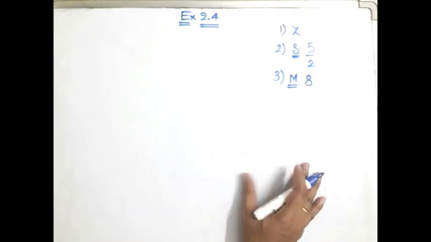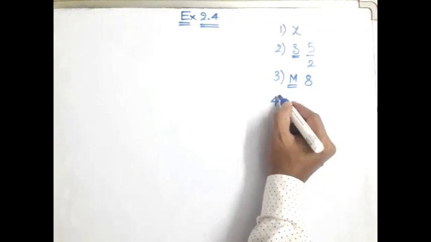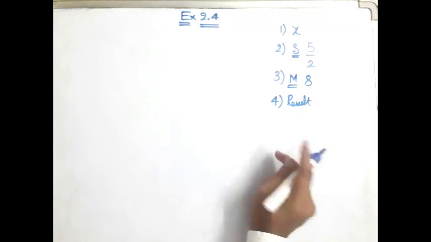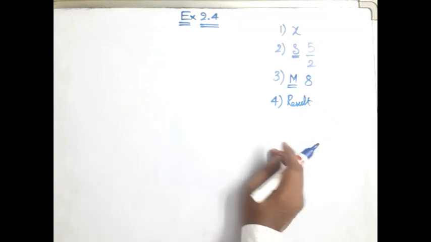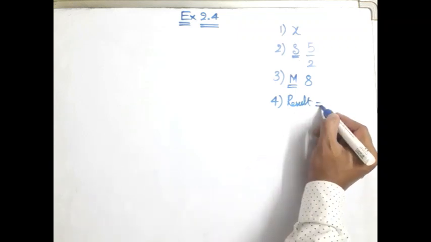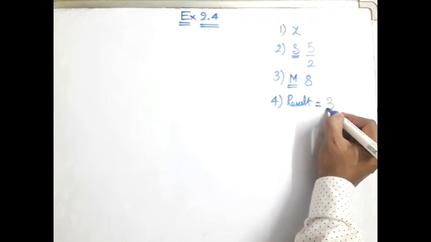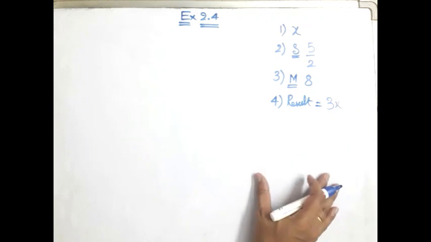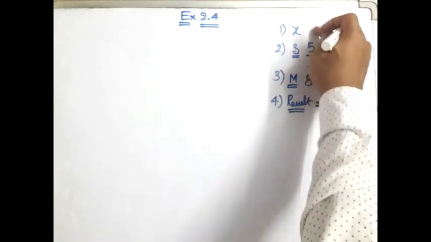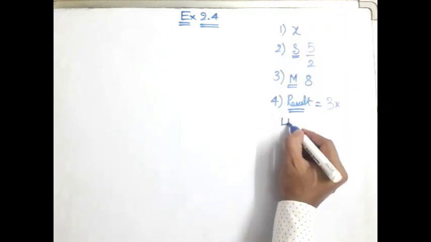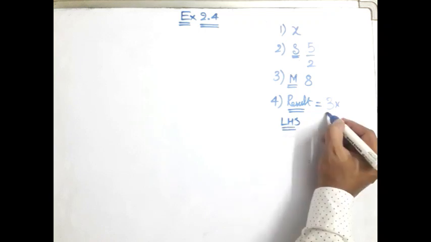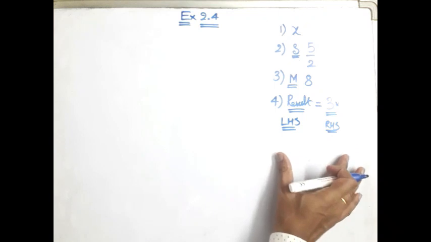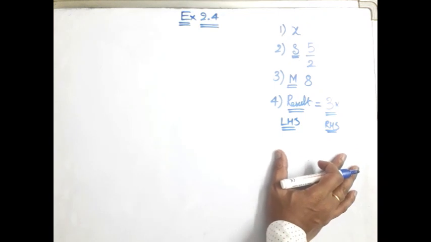Then once you get the result, that result should be equal to 3 times the number she thought, that means the original number. So the result after performing all these steps is going to be the LHS and that will be equal to the RHS. Okay. So I'm just keeping these hints for better understanding.